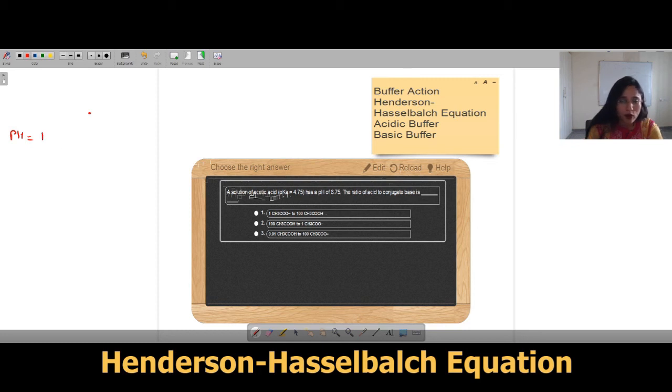So we can use this formula, pH equal to pKa plus log of A minus upon HA. In the question itself they have given the pH value, which is 6.75, and the pKa value, 4.75. When you subtract 6.75 and 4.75, you will get 2 equal to log of A minus upon HA.